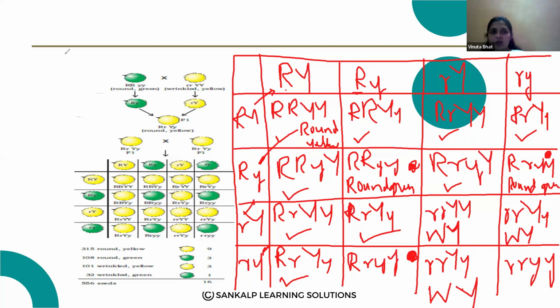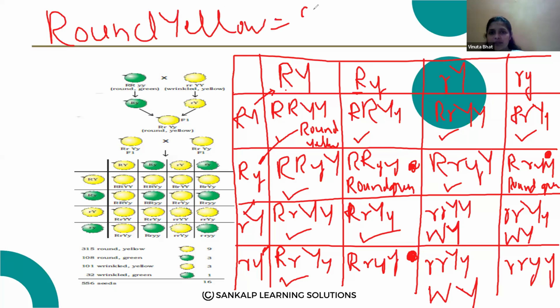Right. So here, these round yellow seeds, just I put the right mark, just 1, 2, 3, 4, 5, 6, 7, 8, 9. Total round yellow seeds are 9 seeds. That ratio you have to mention. Then round green seeds, that is 3.